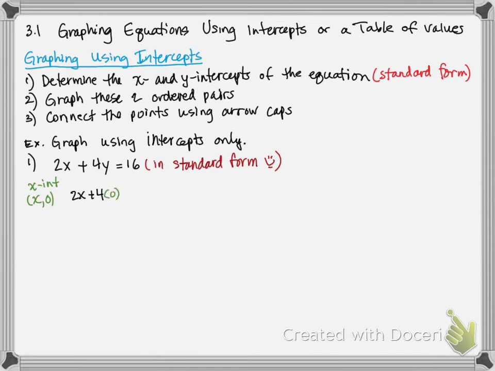Now, I've heard that the high school calls this the thumb method, and so they cover up the term that has the 0 in it, and then they just solve what's left behind. So in other words, we're going to solve 2x equals 16. Divide both sides by 2, and we get x equals 8. So that's going to be the first ordered pair we're going to graph: 8, 0.